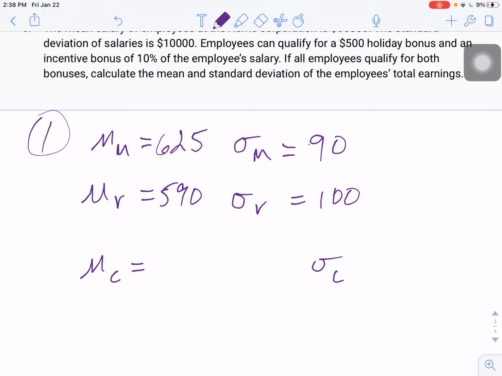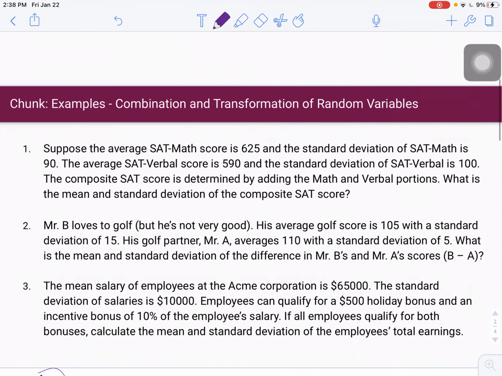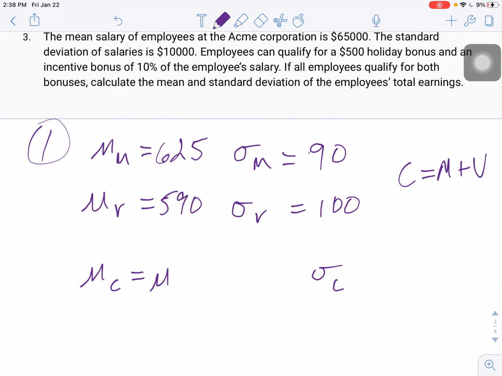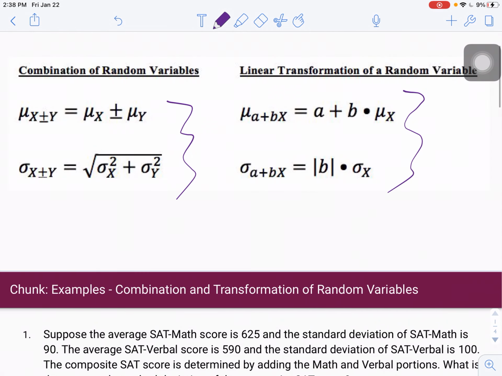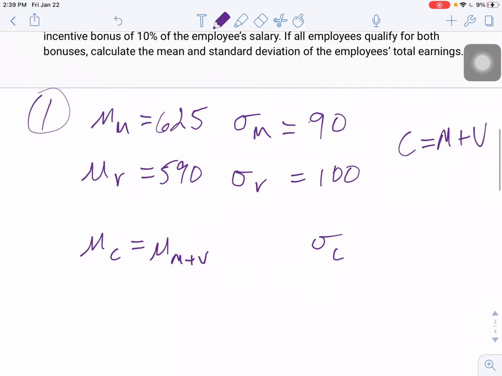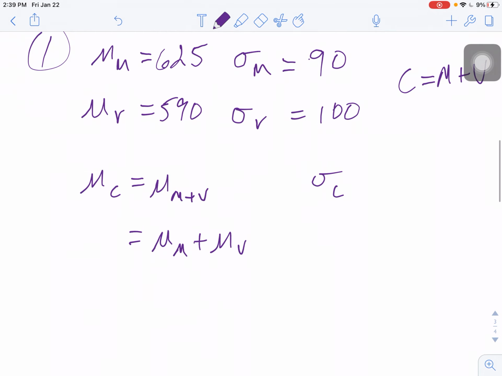So basically, C is going to equal M plus V. So mu sub C is going to end up being mu sub M plus V. Well, according to this formula up here, mu sub X plus Y is just mu sub X plus mu sub Y. So to figure out the composite score, I'm just going to do mu sub M plus mu sub V, and I have both of those numbers.